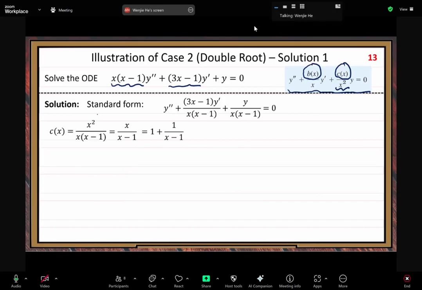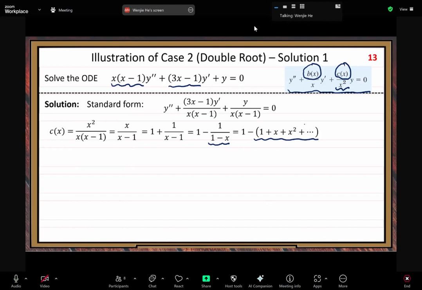Recall the geometric series. First, you write it this way. You can take 1 out. The second, you write it in this form. Because if you are familiar with the geometric series, 1 over 1 minus x corresponds to that simple geometric series.